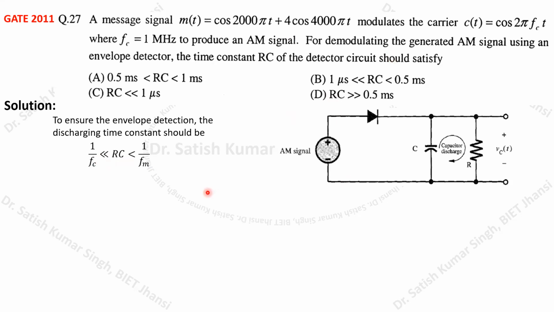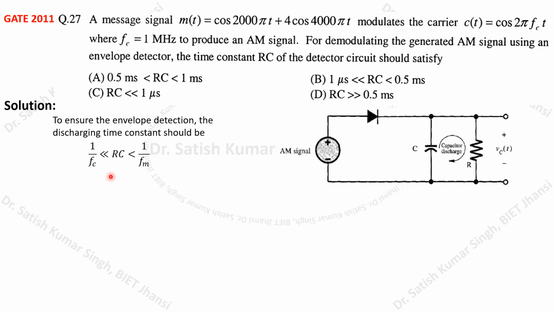Now you just have to make this comparison based on the given data. The message signal m(t) is a multi-tone signal, with two different frequency components, and the carrier frequency fc is 1 megahertz. So we can find these two limits.